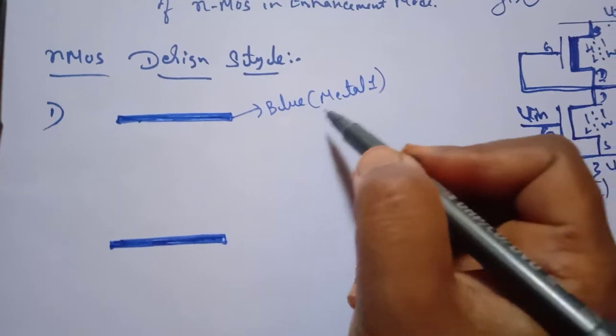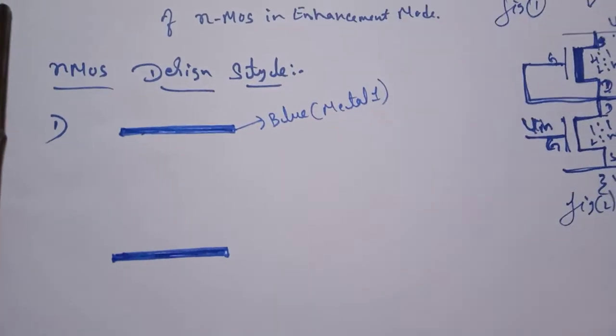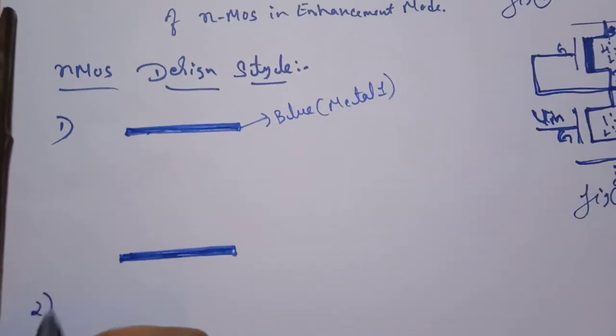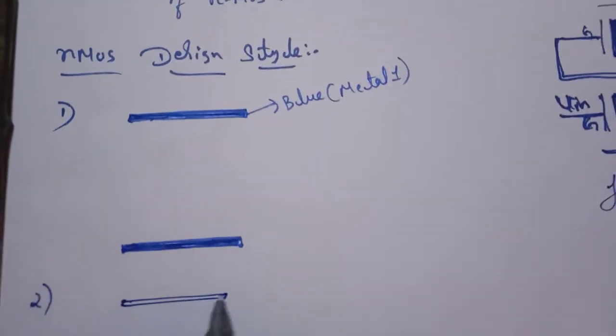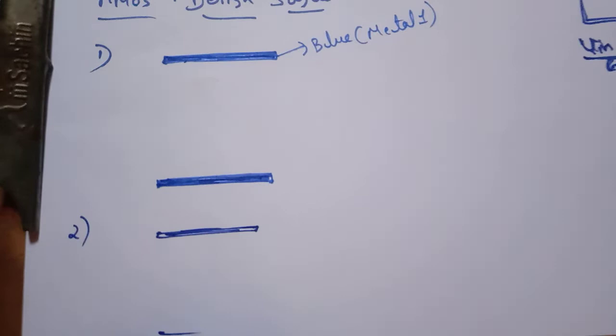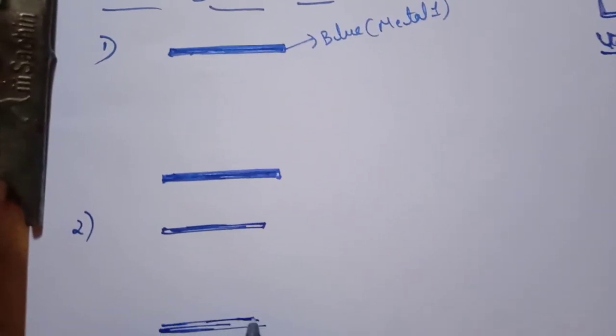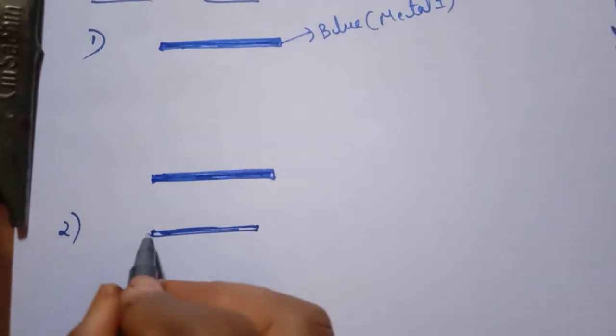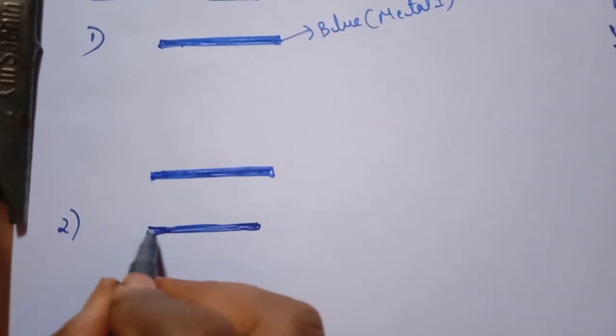That is metal one, blue in color. In the second step, the two metal rails remain as they are drawn.